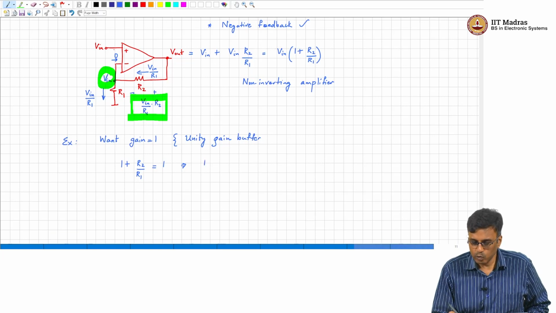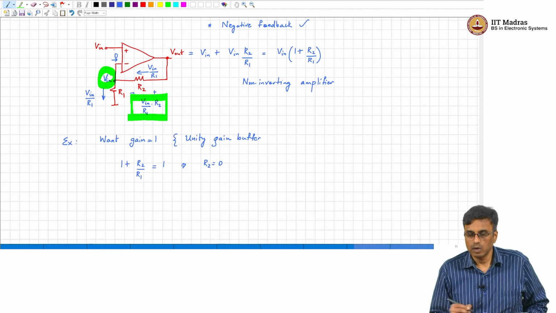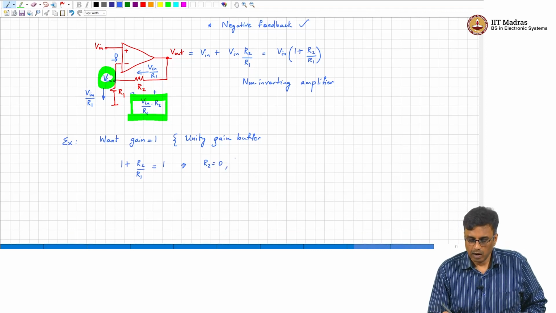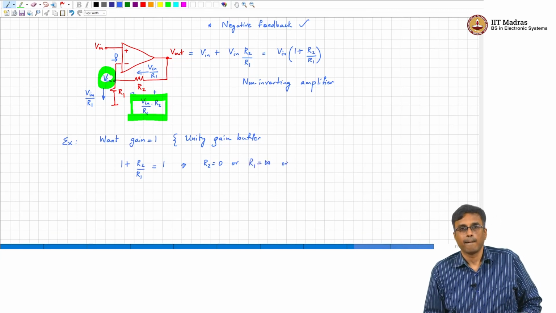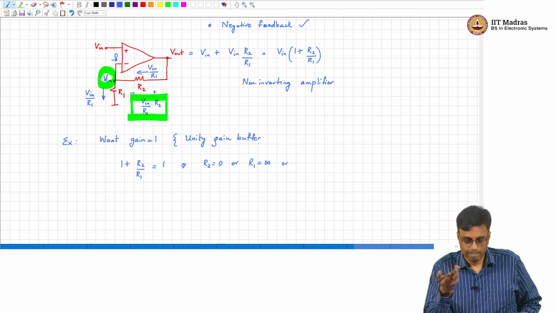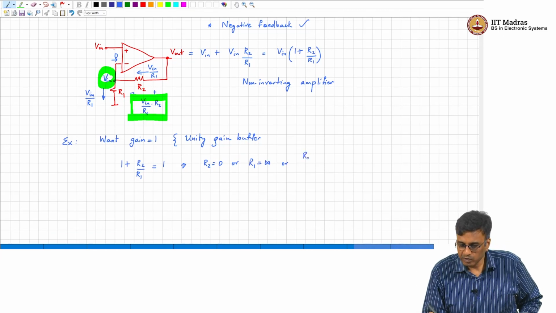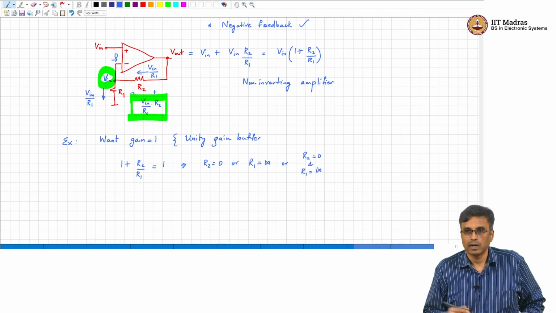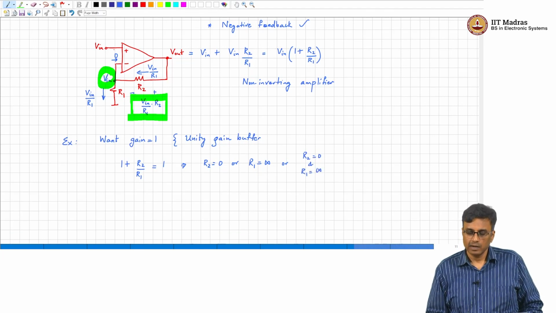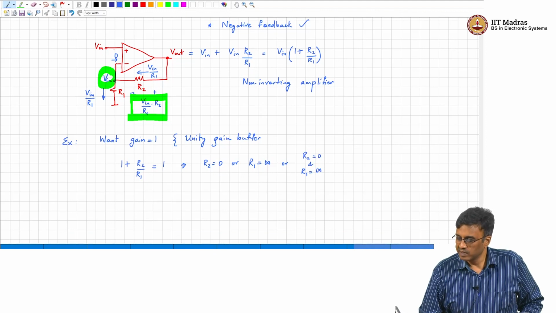You can make R2 equal to 0 or R1 as infinity or R2 equal to 0 and R1 equal to infinity, correct. So, which is the easiest choice?